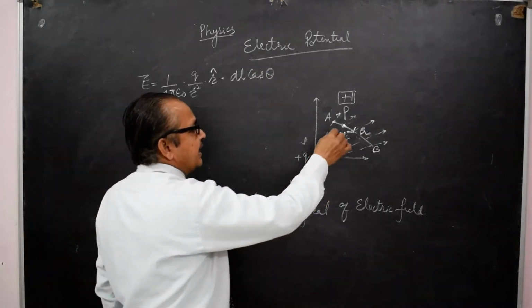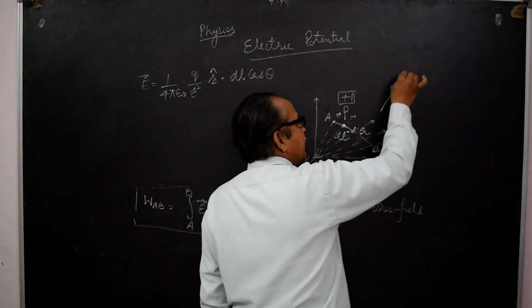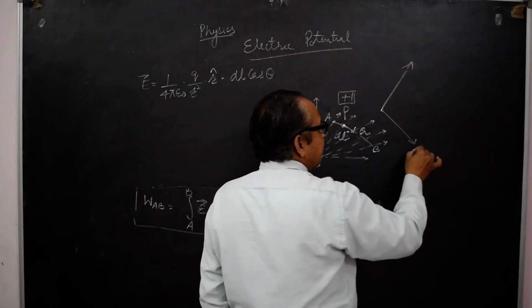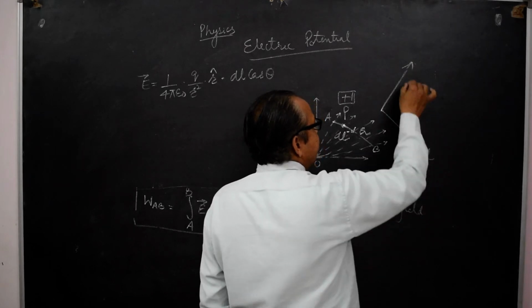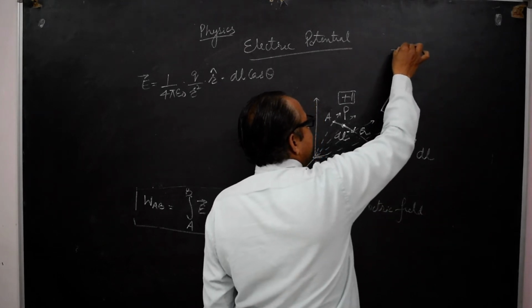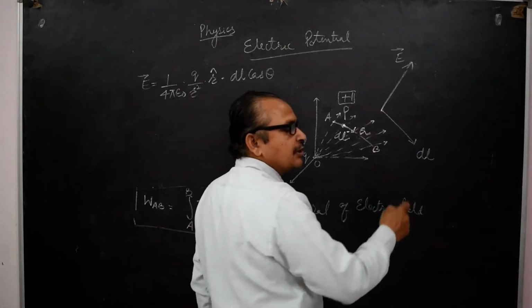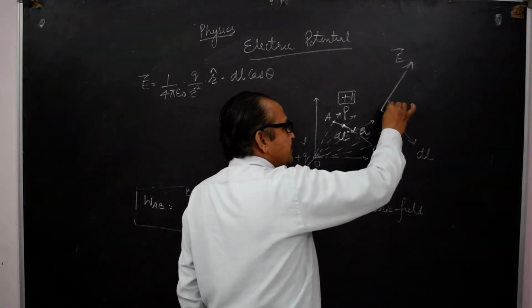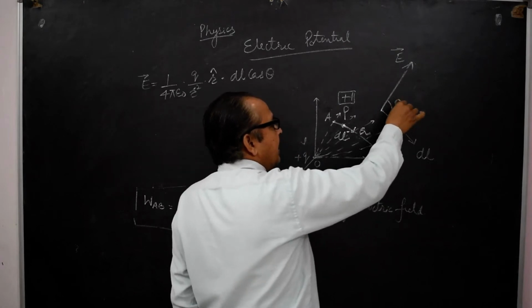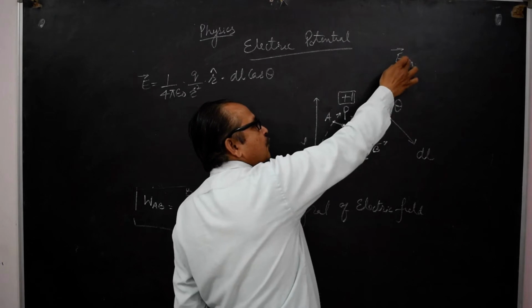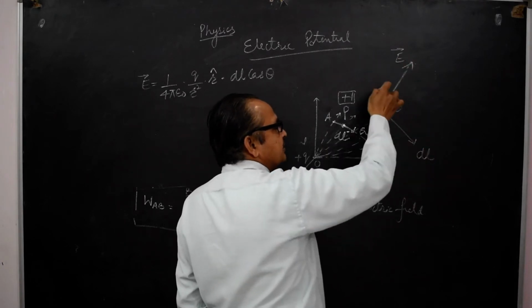If theta is the angle here, if this is the electric field and this is let us say the direction of dl displacement, this is electric field and this is the direction of displacement. So this is theta, the angle between the direction of the force and the displacement.